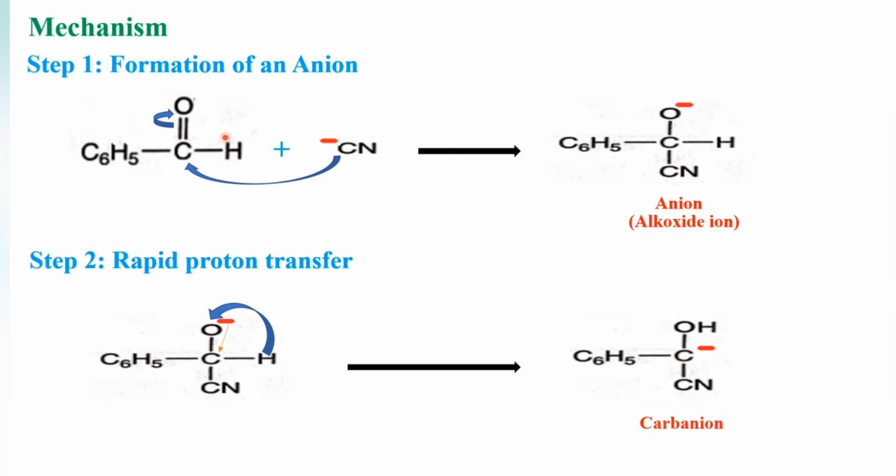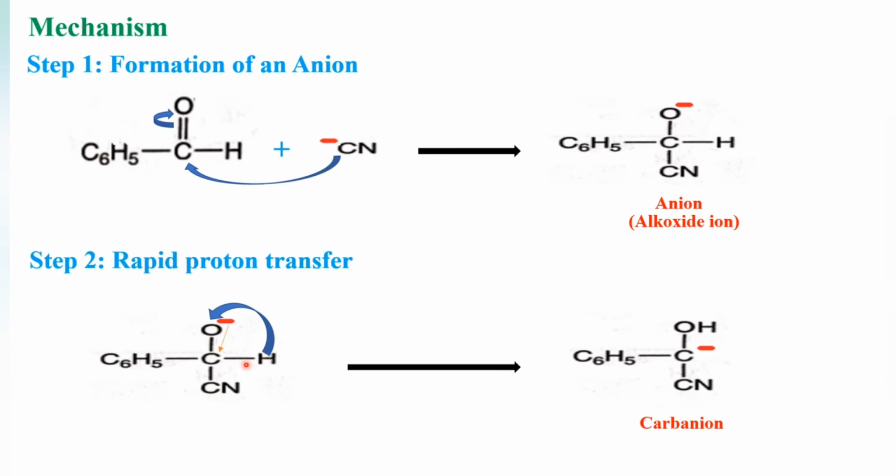So what happens in the first step? Here we have cyanide ion, obtained from potassium cyanide or sodium cyanide, which comes and attaches with the carbonyl carbon. The double bond is converted to a single bond, so oxygen is getting the negative charge, and we are getting an anion. Now there is rapid proton transfer.